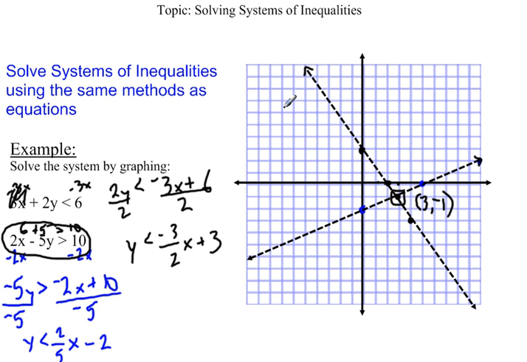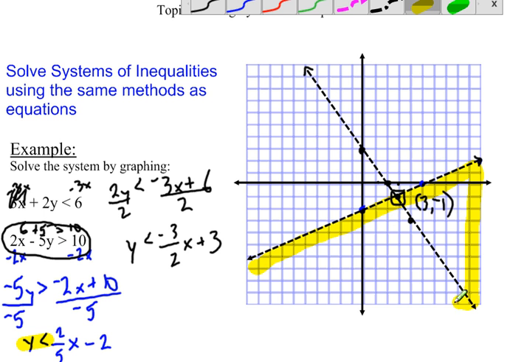All right. Now, don't forget also, we need to talk about shading a little bit. Right here, I've got y is less than. Now, this is my 2/5 slope line right here. And if y is less than, it means I need to shade down from where that inequality crosses the y-axis. Let's get that shaded in.